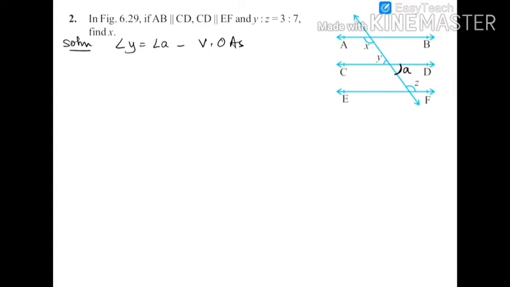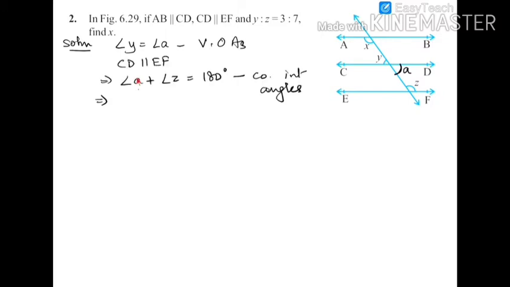Also, since line CD is parallel to EF, A and z lie on the same side of the transversal and in the interior. So they form co-interior angles. Therefore, their sum should be equal to 180 degrees. But angle A is equal to y. So we can replace angle A by y. We get angle y plus angle z equal to 180 degrees.